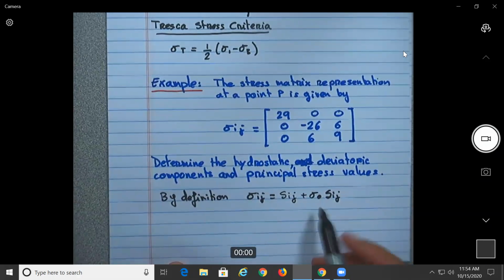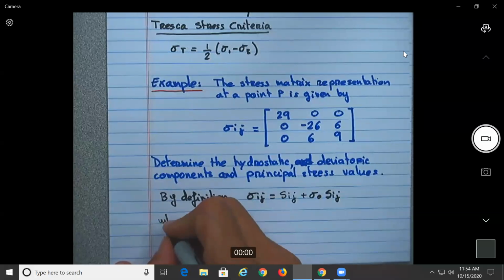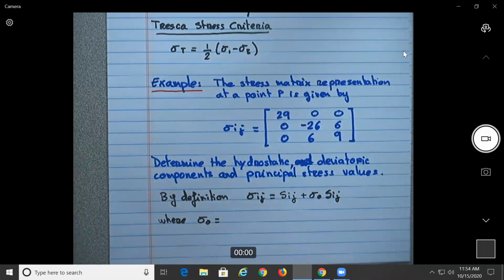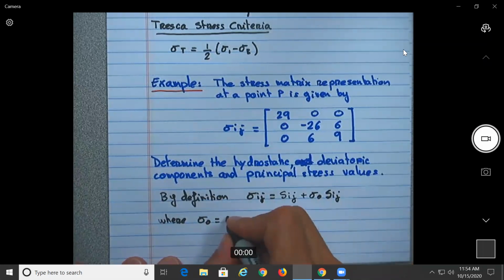The hydrostatic one is just equal to the terms of the diagonal, so we put the definition, sigma_ii over 3.